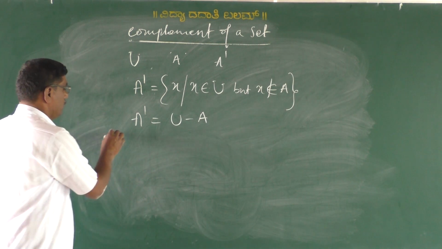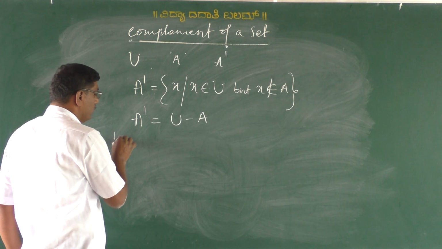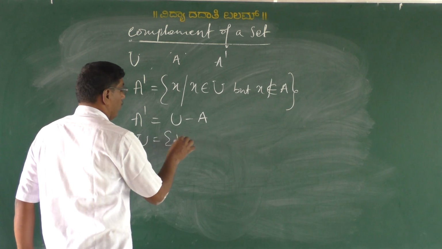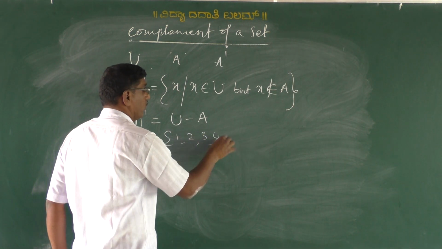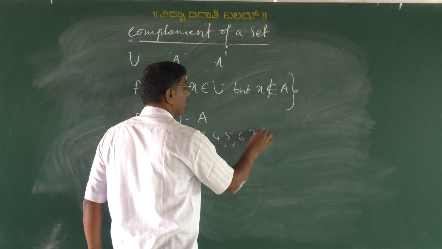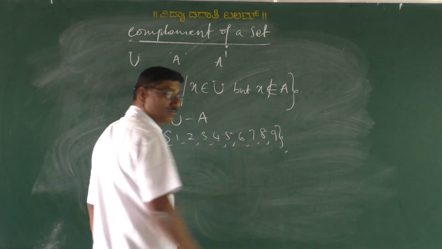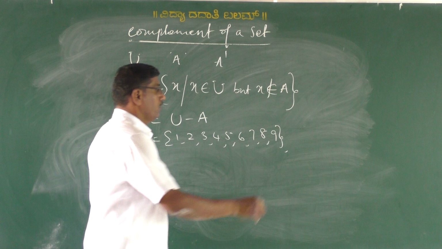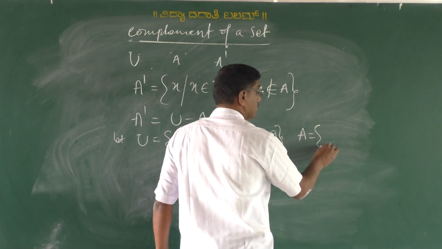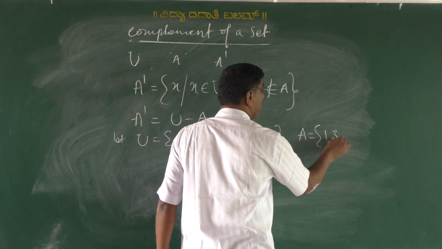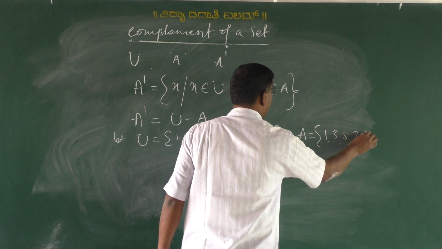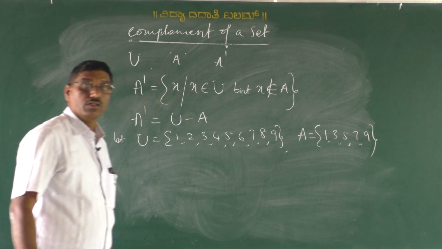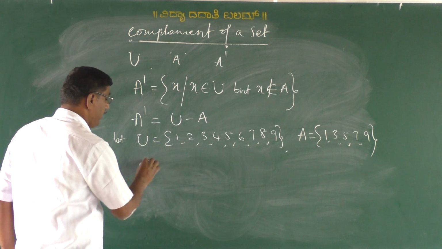Example, let U is equal to 1, 2, 3, 4, 5, 6, 7, 8, 9. This is the universal set. A is equal to the set of all 1, 3, 5, 7, 9. Then we want A dash.